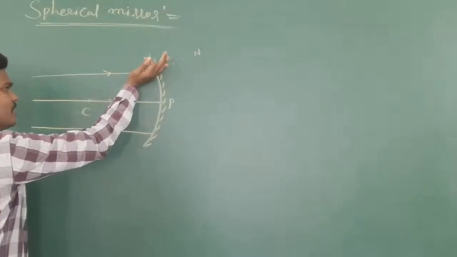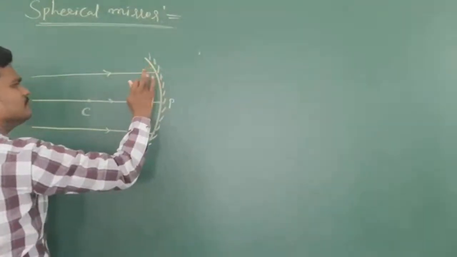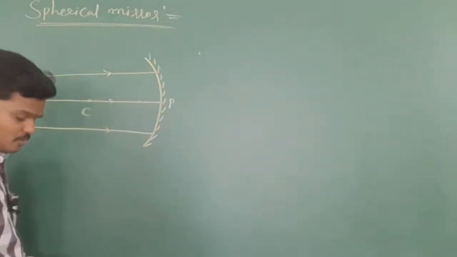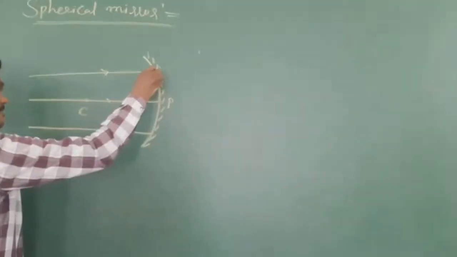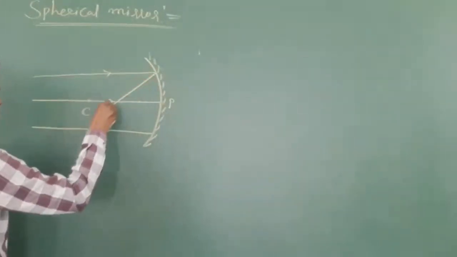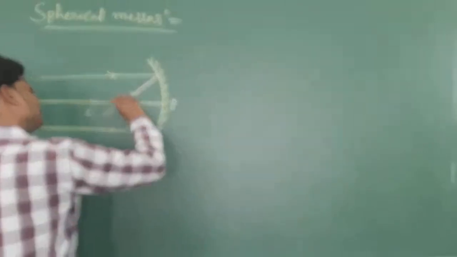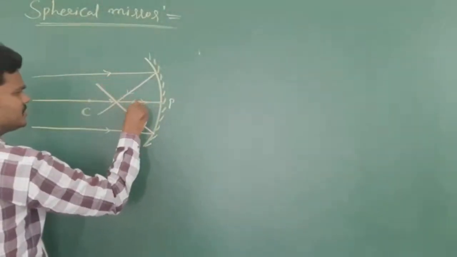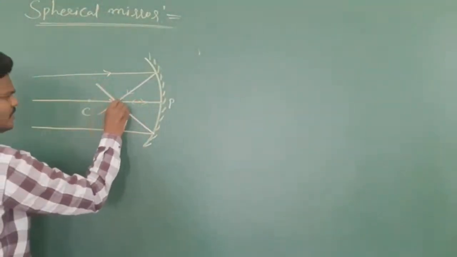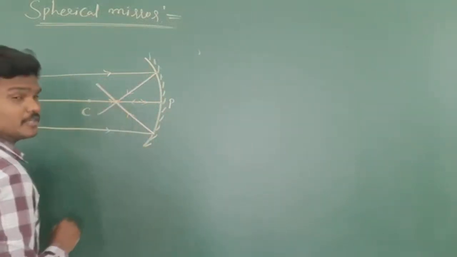So if we draw a normal, the light ray undergoes reflection. After reflection, it will strike here. After reflection, this also strikes here. After reflection, these light rays will meet at a particular point.